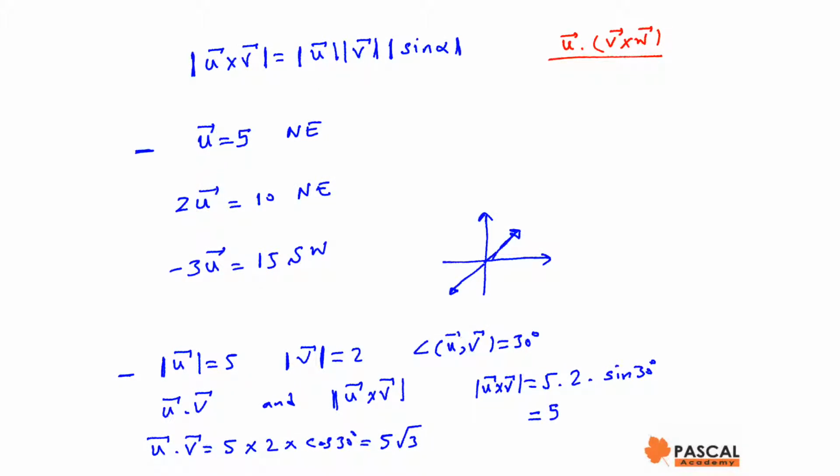The opposite of northeast is southwest. Therefore, the direction of negative 3u is southwest. Notice that the magnitude of mu is the absolute value of m times the magnitude of u.